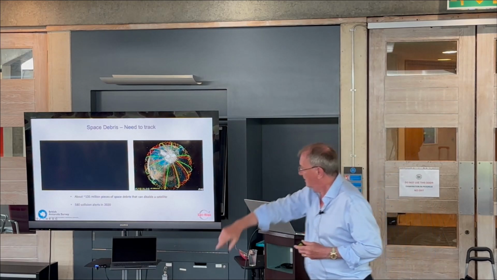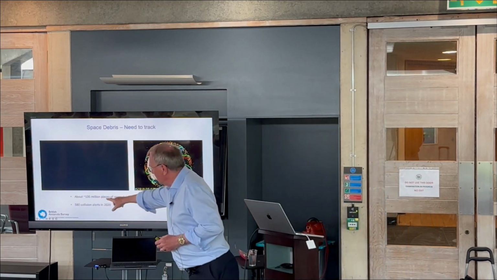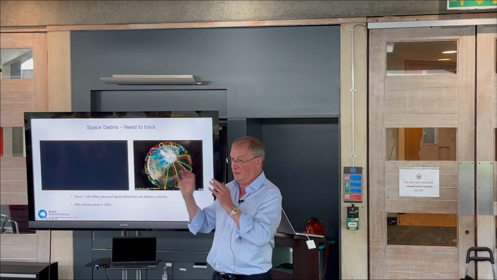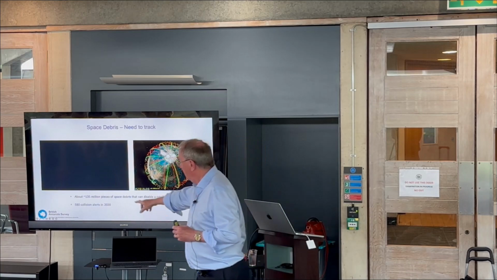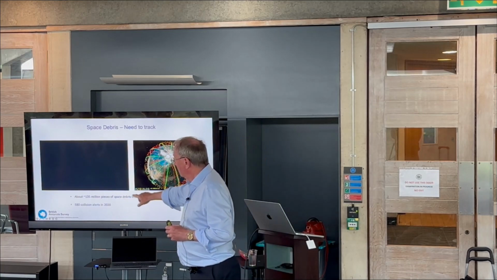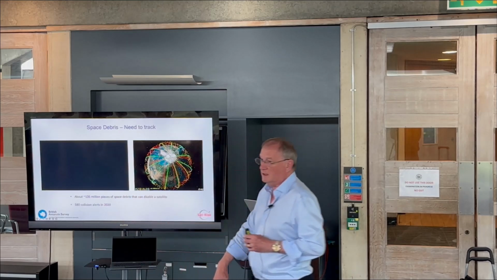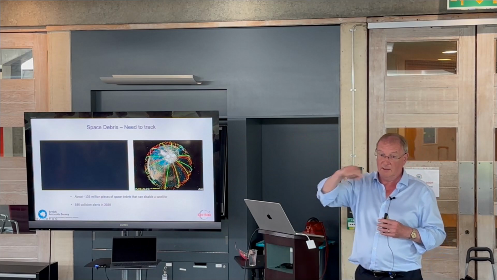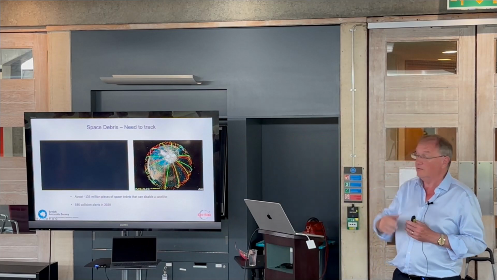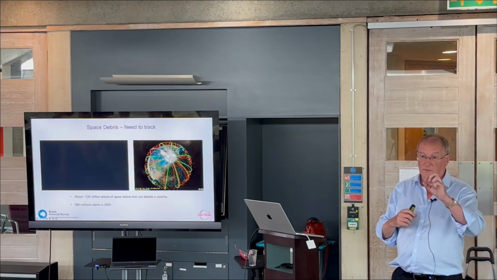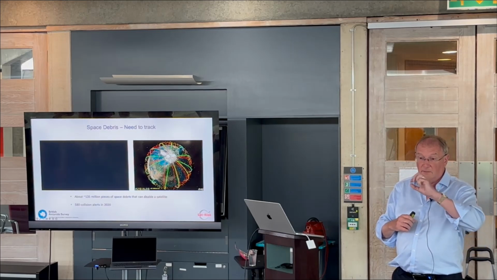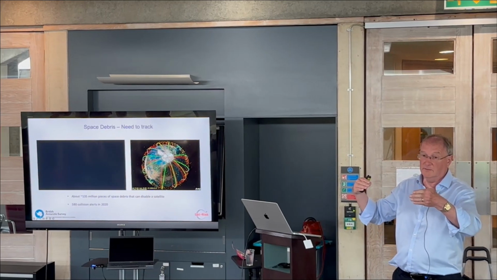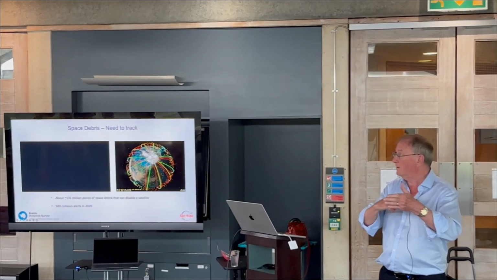And there's lots and lots of small pieces of space debris, satellites that exploded, satellites that had pieces come off them. And they're called space debris. There are about 135 million pieces that could disable a satellite. These things travel really fast, 7 kilometers per second in low orbit. So even a small grain of sand or something like that is going to create a huge great big hole in another satellite because it's traveling so fast.